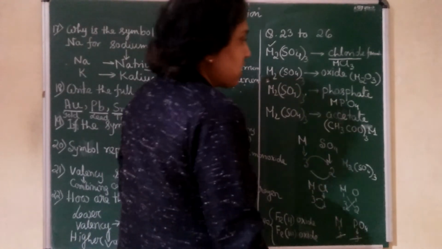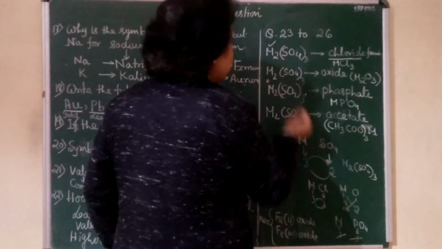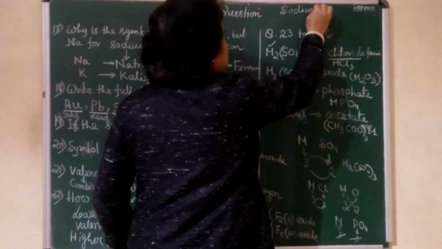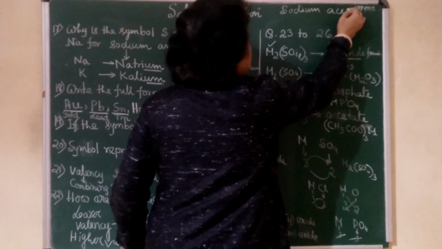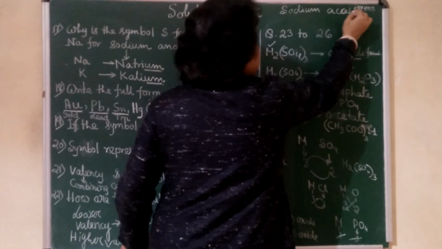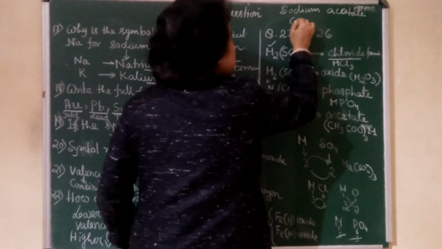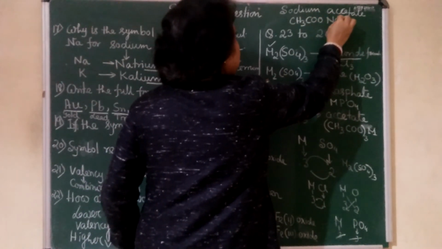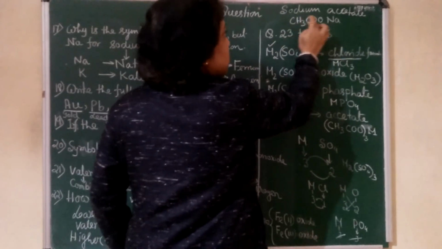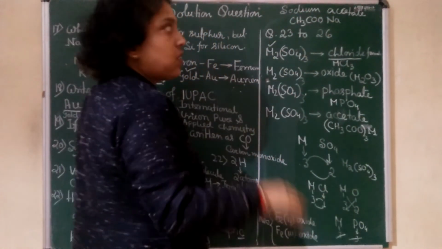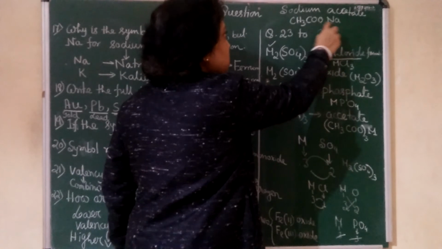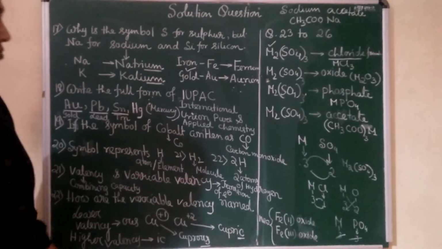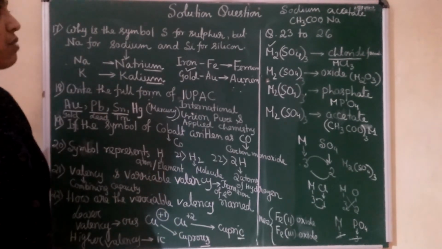For example, for sodium acetate, this will be clearer. What is the formula of sodium acetate? CH3COONa. Why? Because Na valency is 1 and CH3COO valency is 1, the 1s cancel, and that's why we write CH3COONa. So today we have done till question number 26.